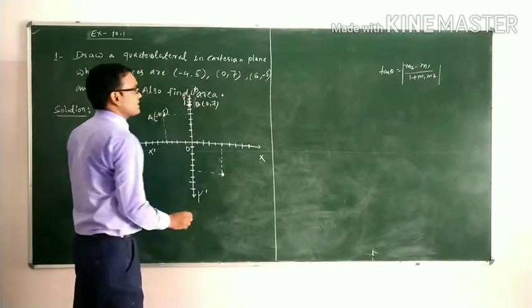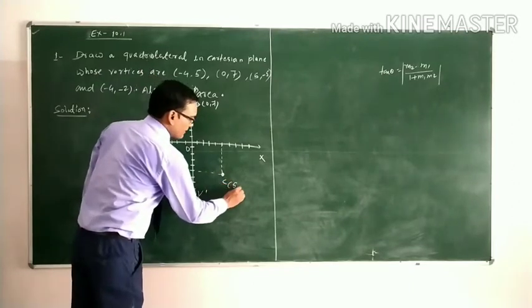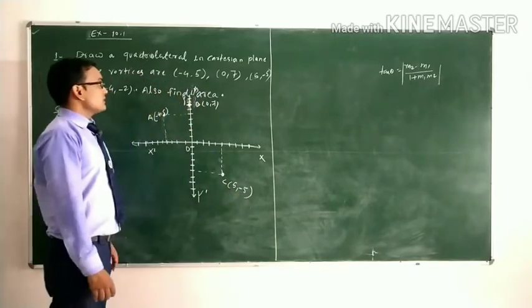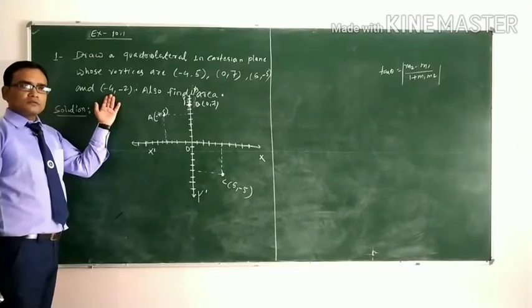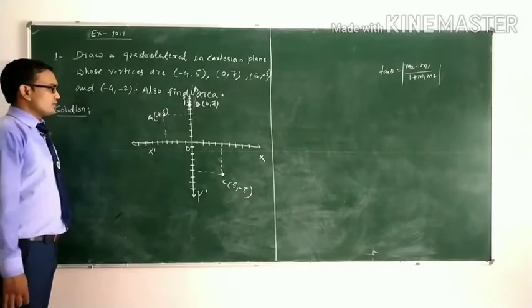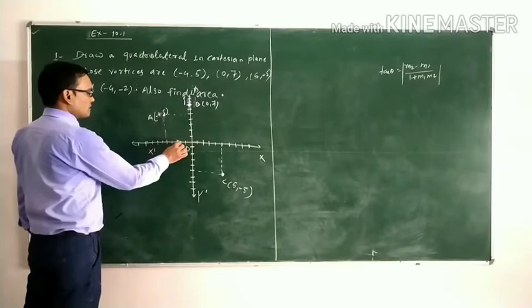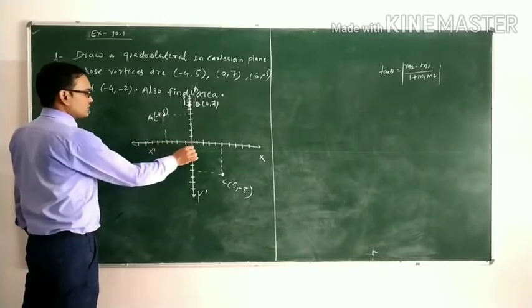The coordinate of this point C is 5, minus 5, and the last is minus 4, minus 2. Minus 4, 1, 2, 3, 4, and minus 2, 1, 2.